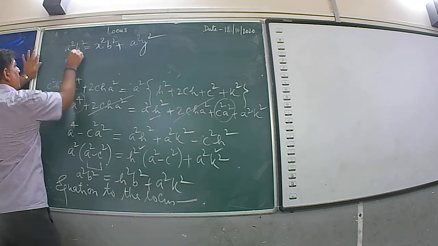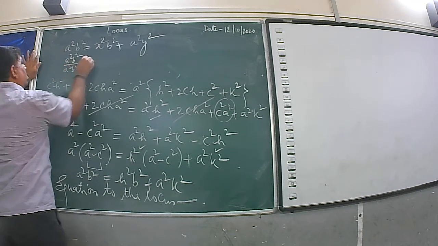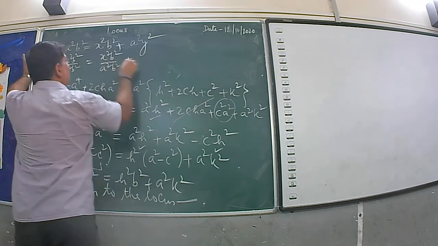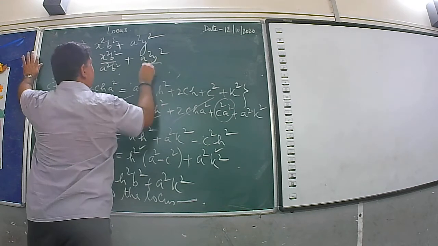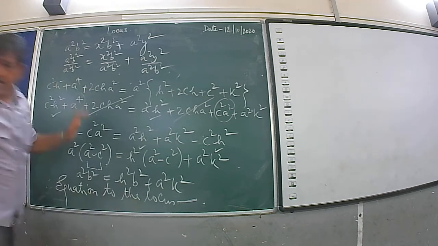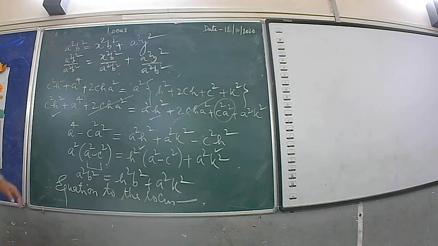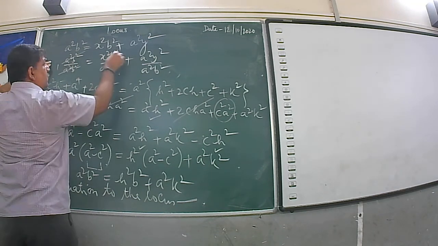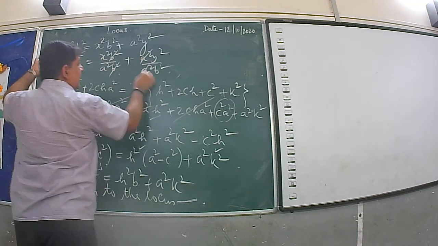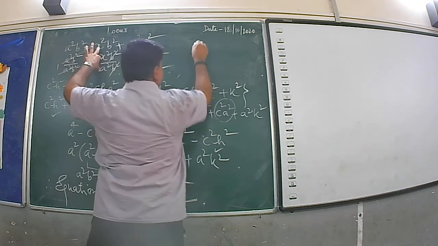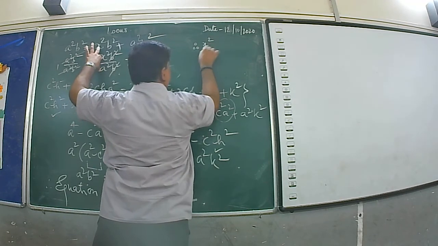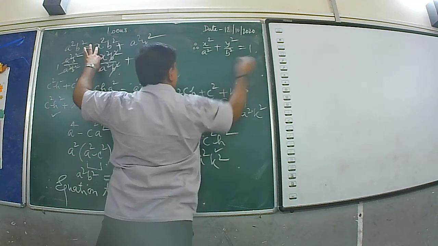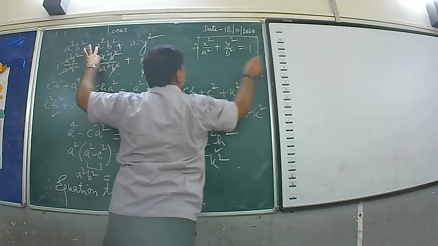A square B square by A square B square is equal to X square B square by A square B square plus A square Y square by A square B square. Now finally you will reach at this cancels out, this becomes 1, here B square cancels out and here A square cancels out. So you are getting therefore X square by A square plus Y square by B square is equal to 1. So this is your equation to the locus.